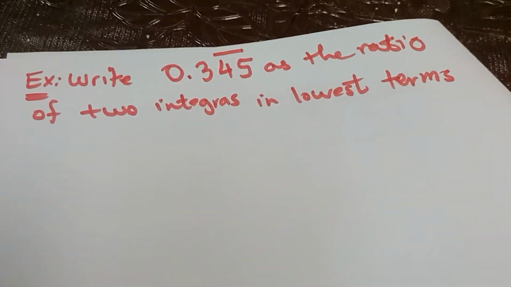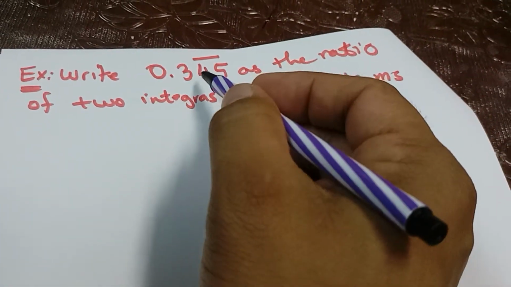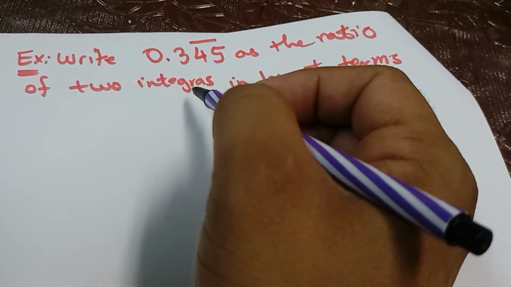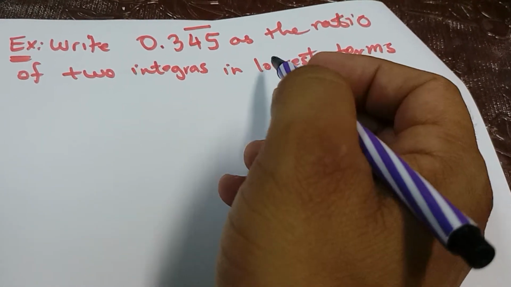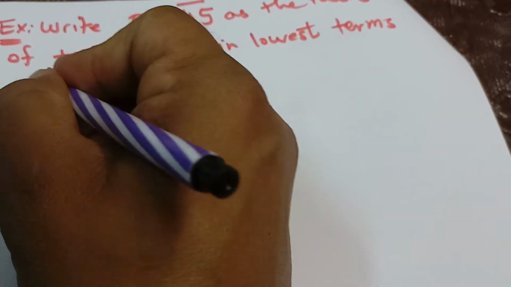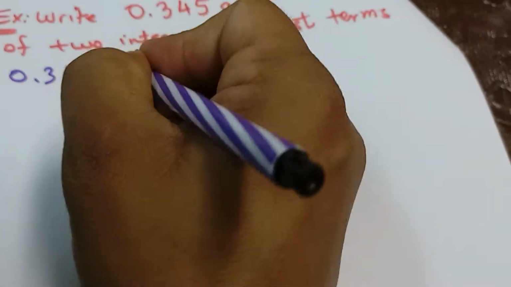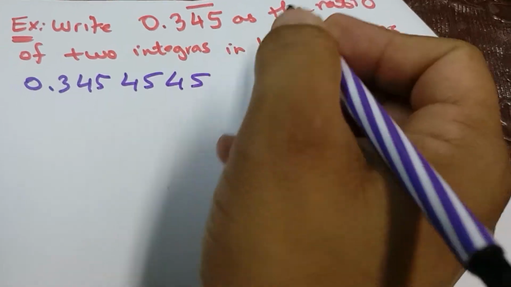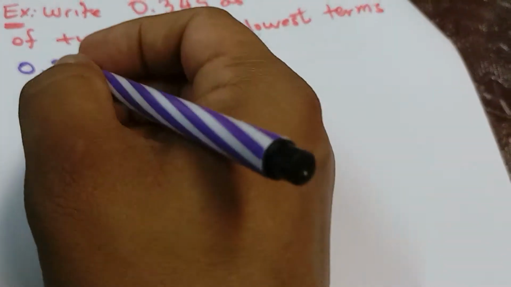This is the last thing here. We wish to write this number as a fraction of two integers. I could write this as 0.3454545, and so on.